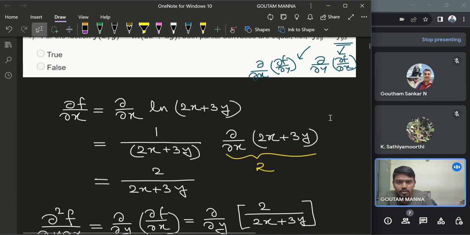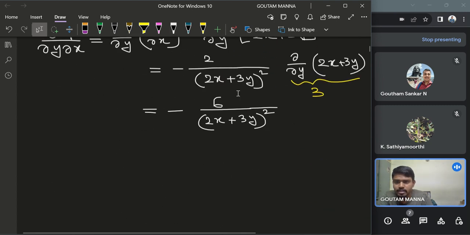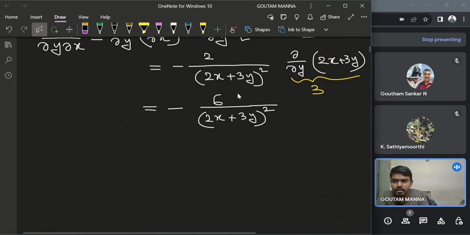Similarly, we have to calculate del 2f del x del y, and we have to show that these two are equal.